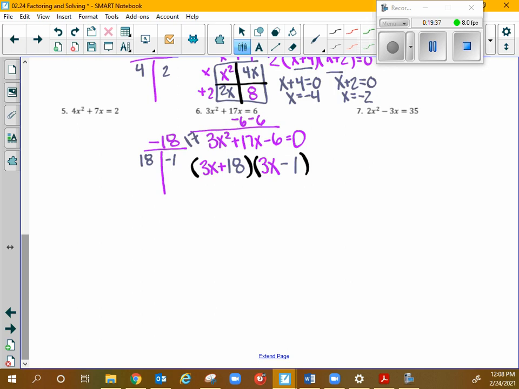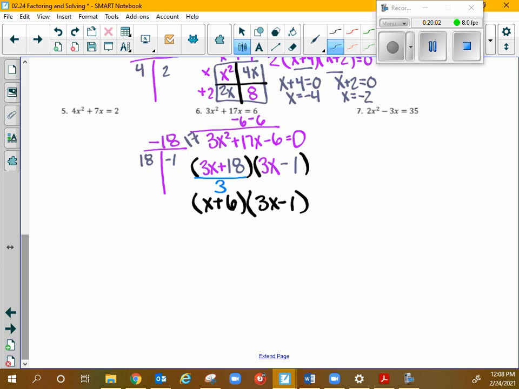But I don't want 2 3s, I only want 1, so you have to divide one of them out. Where am I going to divide it from? 18. So divide that factor by 3. So your first factor is x plus 6. The second factor is 3x minus 1.